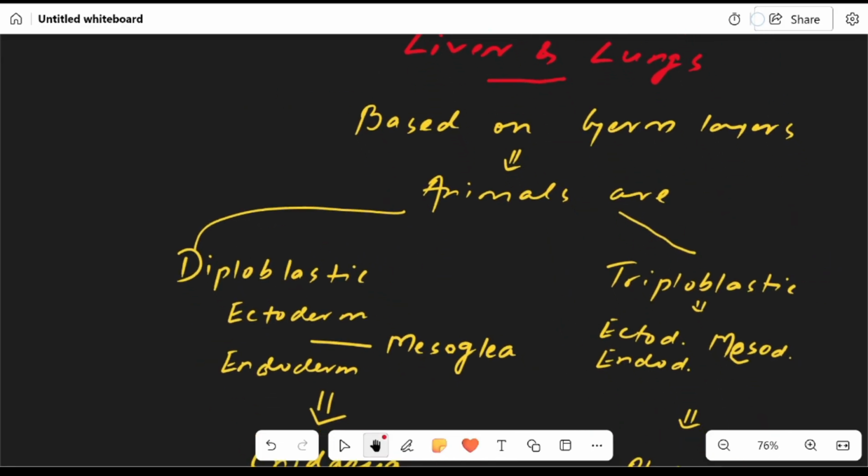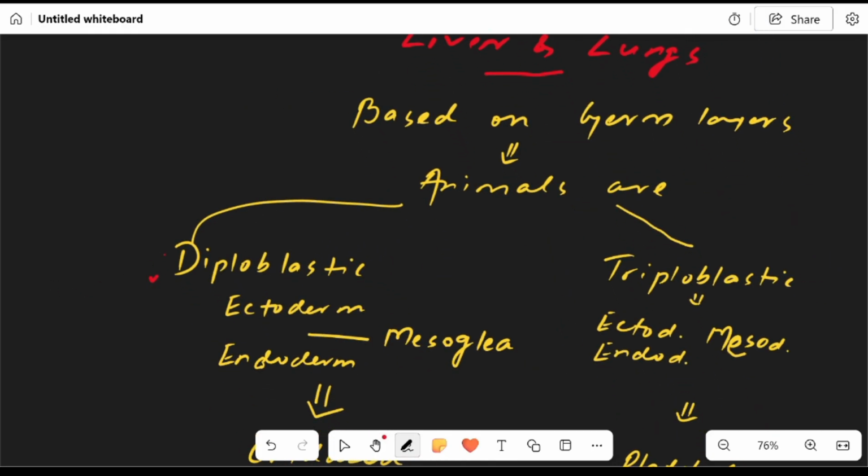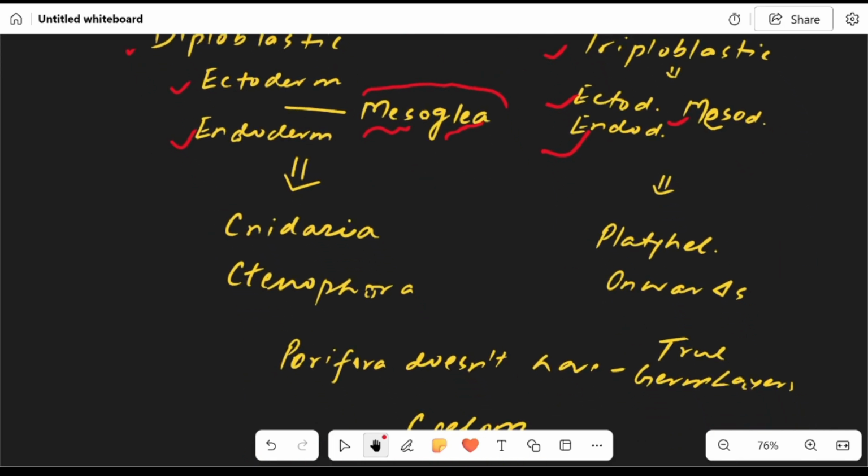Based on germ layers, animals are either diploblastic or triploblastic. Diploblastic means they have two germ layers, ectoderm and endoderm, and in between there is an undifferentiated layer known as mesoglea. Triploblastic animals have ectoderm, mesoderm as well as endoderm. Examples of diploblastic organisms are Cnidaria and Ctenophora.